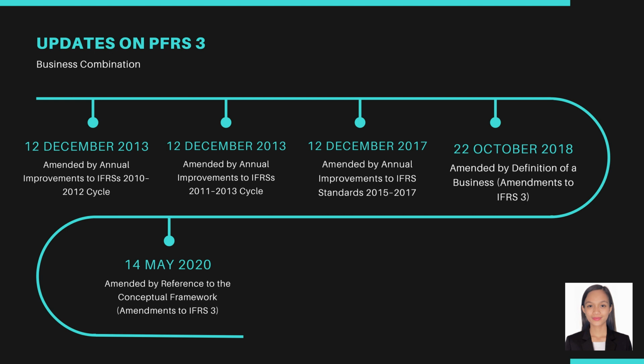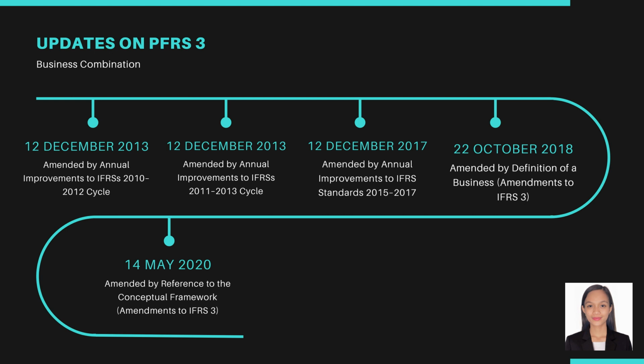Now, we are going to the October 22, 2018 amendment on the definition of a business. So, magkaiba naman sila. Kanina mga amendment by annual improvements. Ngayon, meron silang ginawa as they clarify the definition of the business on IFRS 3.